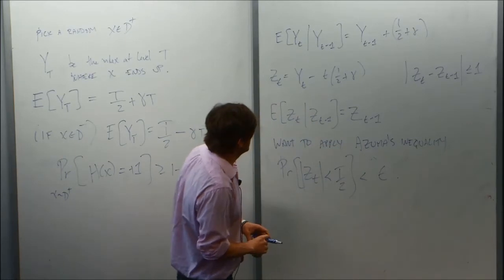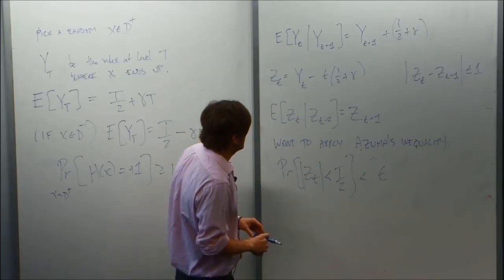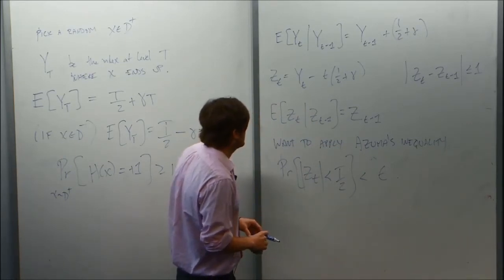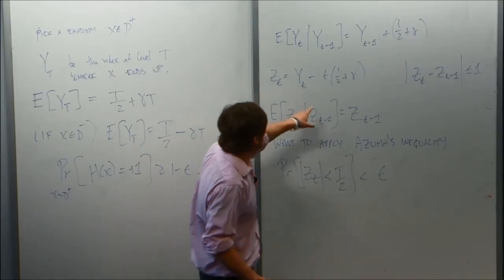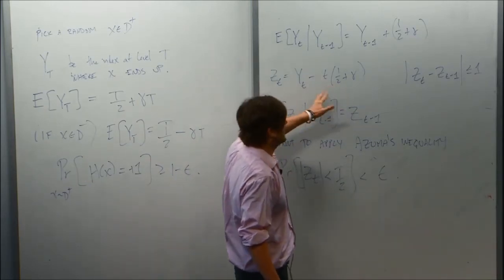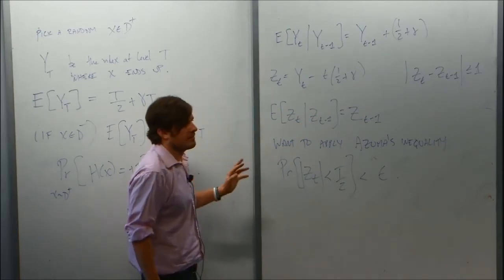You need some margin, right? Like t over 2 minus some. Yeah, but I've already subtracted off an offset here, so you want to compensate for it.